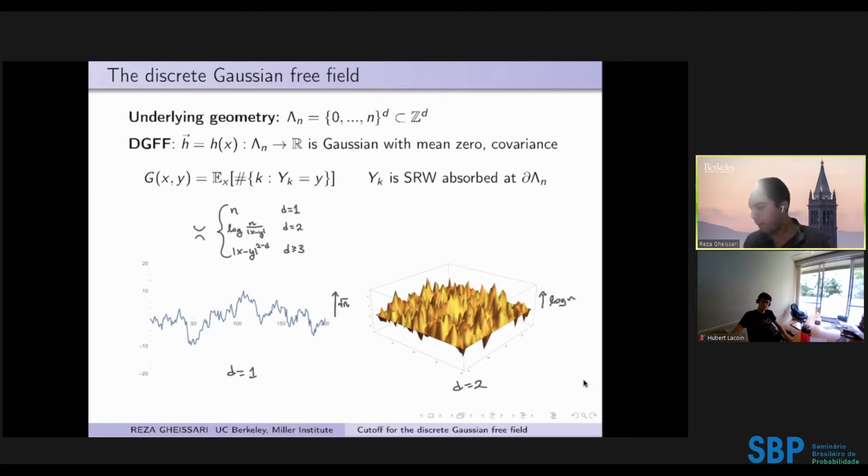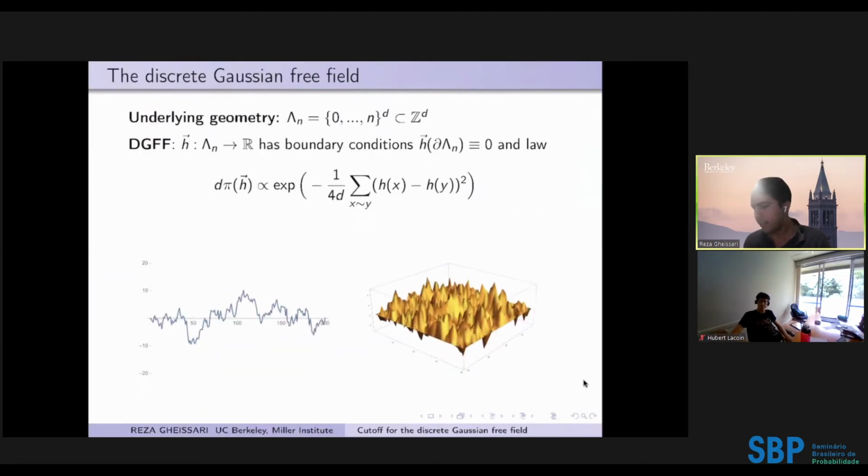Another formulation of this same process is as a Gibbs distribution over height functions. And you have this kind of Dirichlet energy term. So we're summing up over all neighboring vertices the gradient in the height along the difference of the 2 vertices.